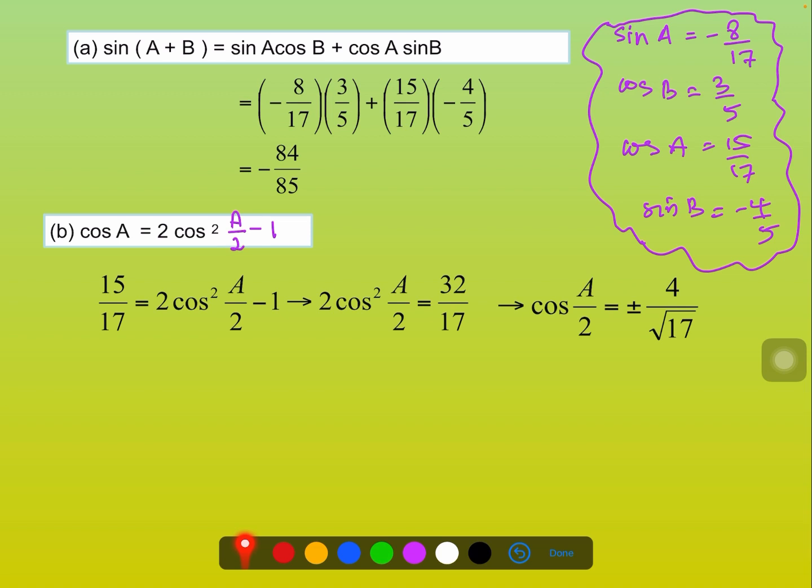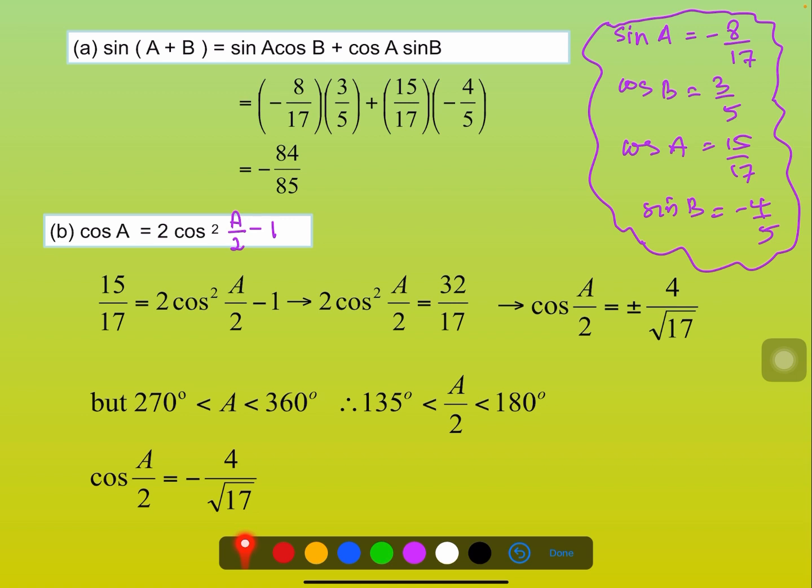And from these two values for cos A over 2, we have to determine which one we should choose as the answer for cos A over 2. We have A from 270 until 360, because A just now is in the fourth quadrant. So what we want now is A over 2.